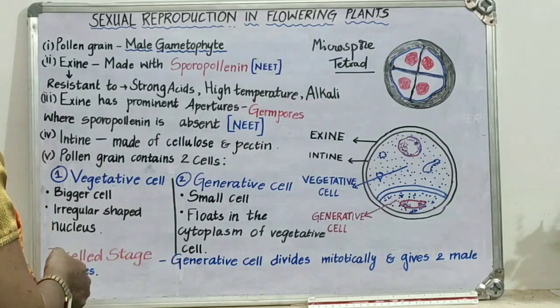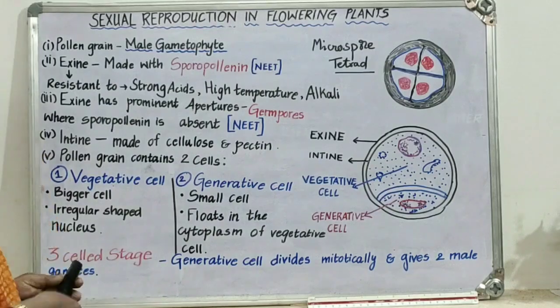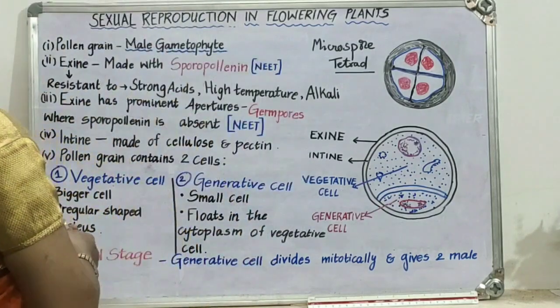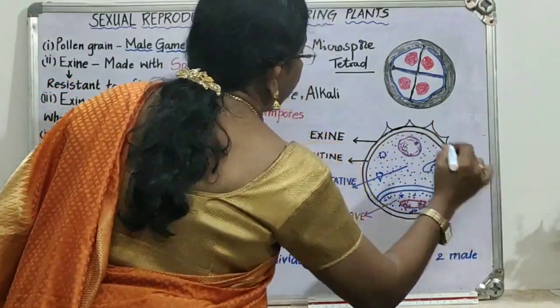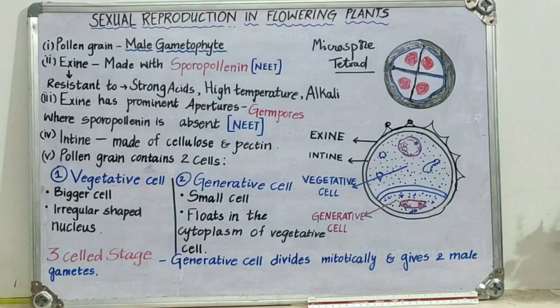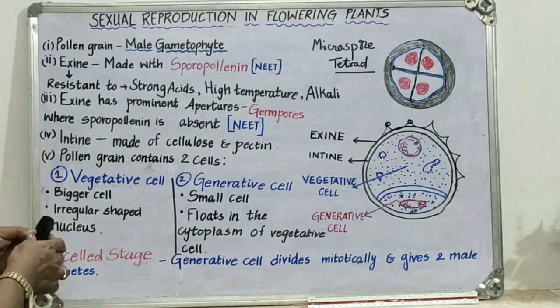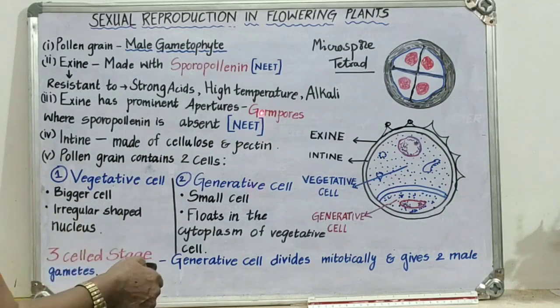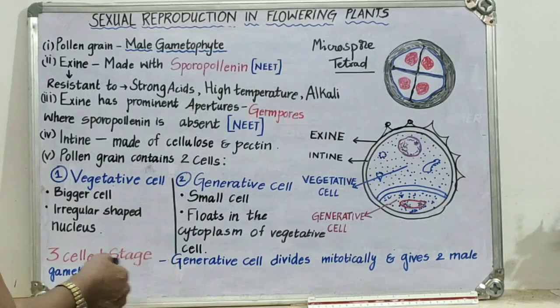Then coming to another point, exine has prominent apertures. For example, they have prominent apertures, you will see like this. So each has prominent apertures like this. The prominent apertures are said to be germ pores, where sporopollenin is absent.